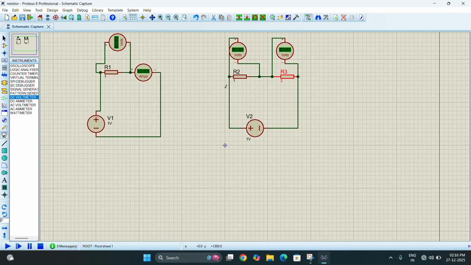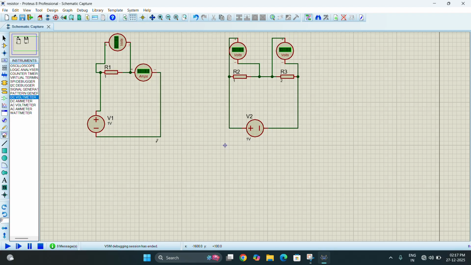So it is going to be 2 divided by 3, which is 0.66 volt. So according to our calculation, the voltage across R3 is 0.66. So let me run. It is 0.67 as the value. So this is one shortcut formula, that is the voltage divider rule.